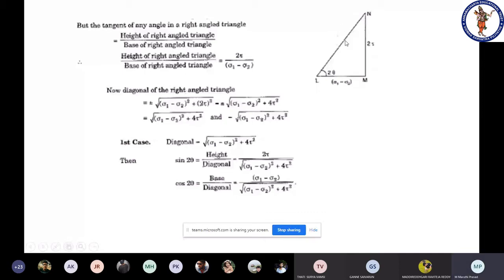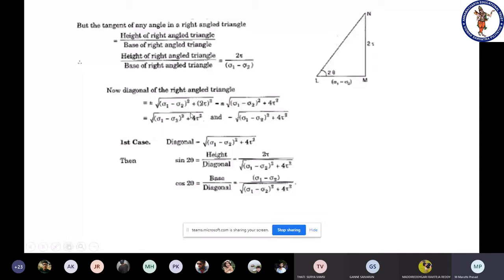Minus square is also positive, plus square also positive. So either you can take the positive root or the negative root. Both are values for the diagonal. Now I am considering both the roots. Under the first case, I am considering the positive root of the diagonal, root of sigma 1 minus sigma 2 whole square plus 4 tau square.